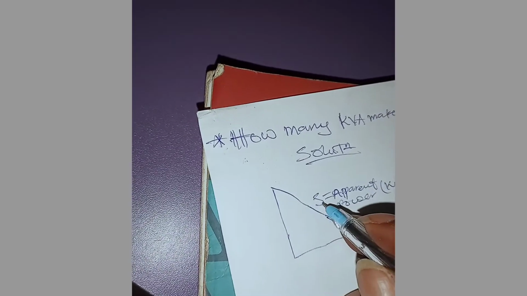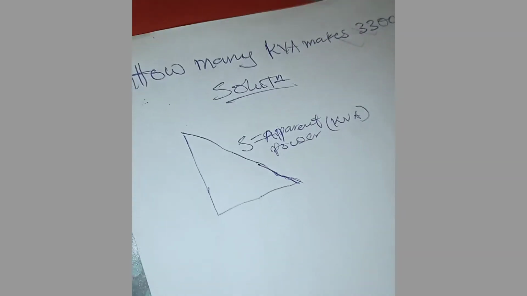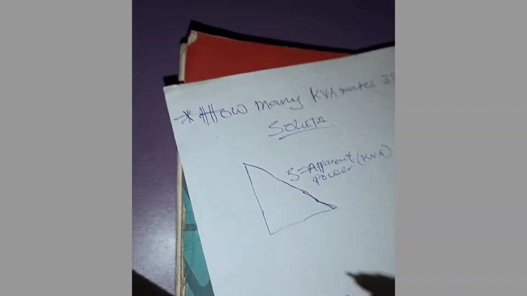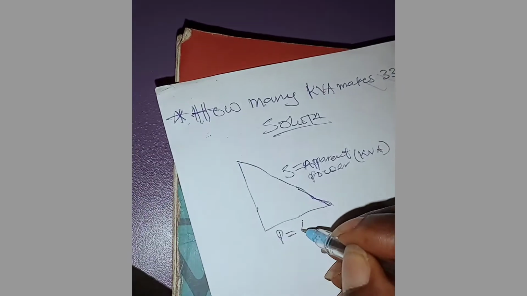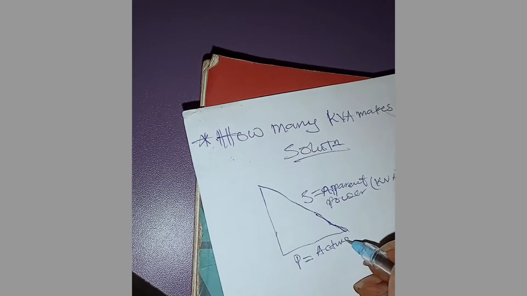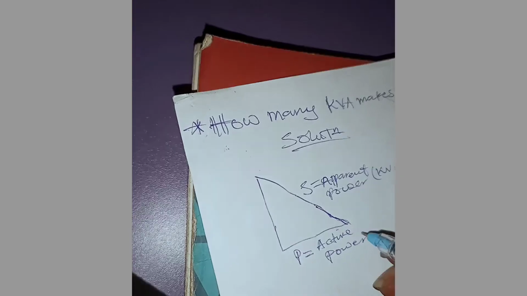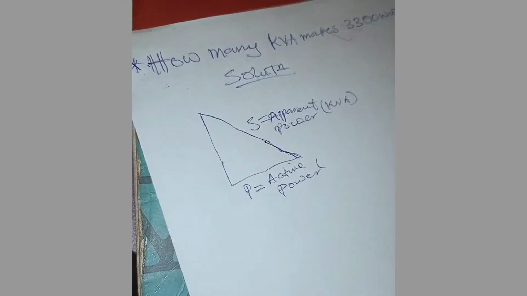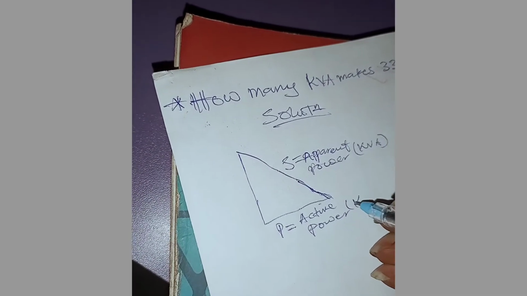That's the hypotenuse. The hypotenuse stands for S, and it is equal to apparent power, expressed in what? KVA. Then the adjacent stands for what? P, and it is equal to active power, and this is expressed in kilowatts.